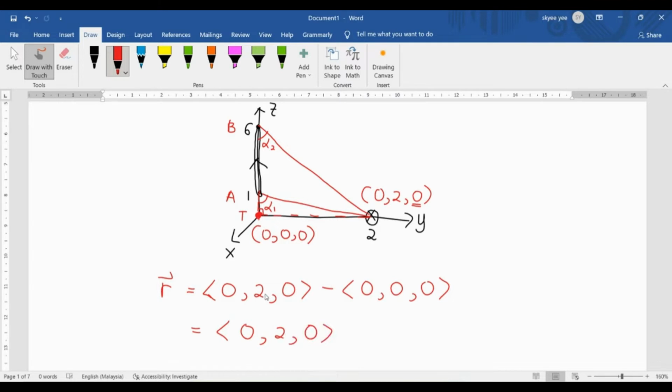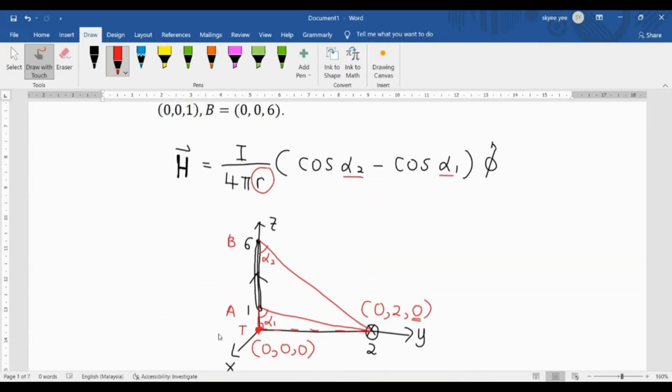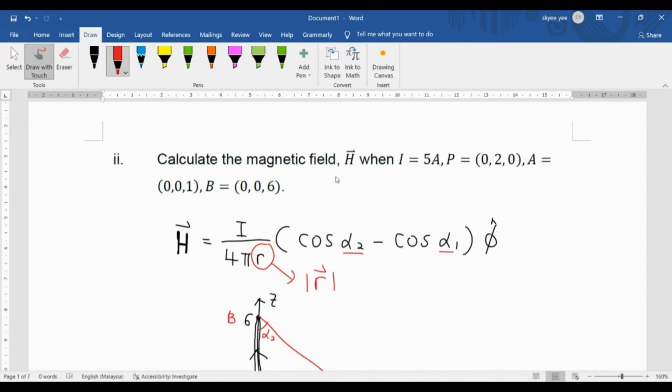This is your vector r. You can calculate the magnitude of r easily, which is equal to 2. This symbol represents the magnitude of the vector r. In fact, your question already gives you this also. Now we move on to this one.